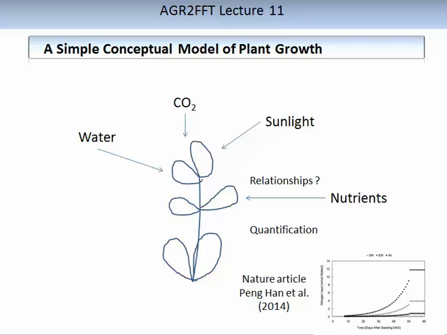These scientists were looking at the relationship of nitrogen and water availability to tomato plants. They have reported nitrogen input against time after sowing. This is one example of such data that you might start to put together in order to understand your model of plant growth.